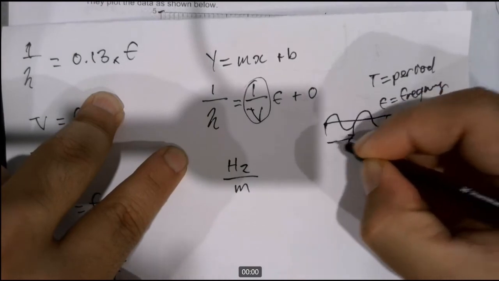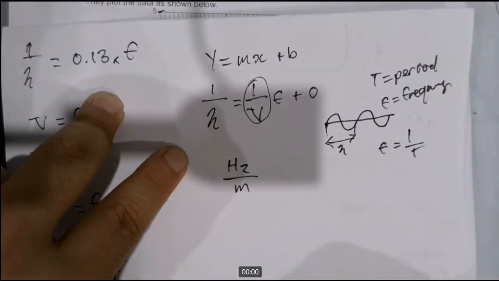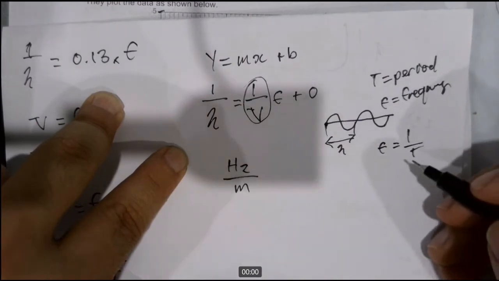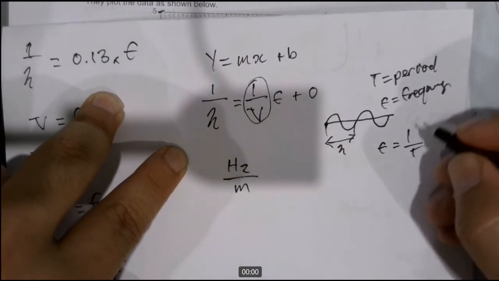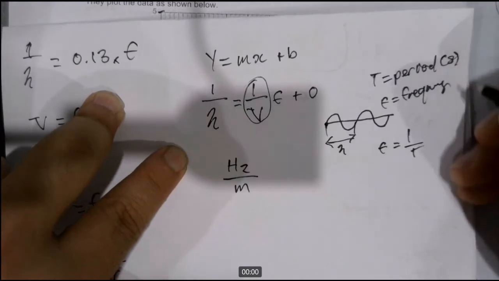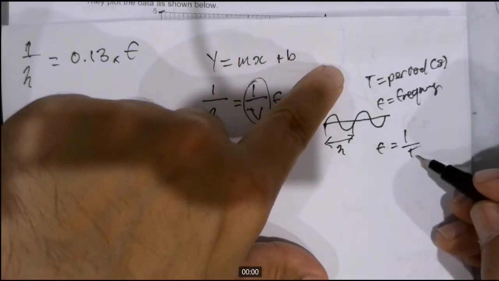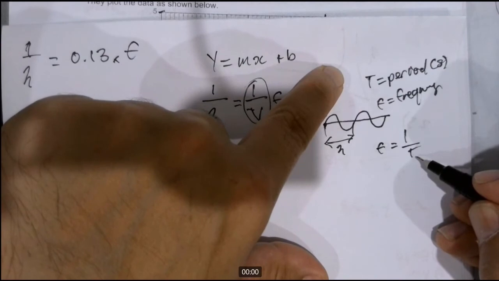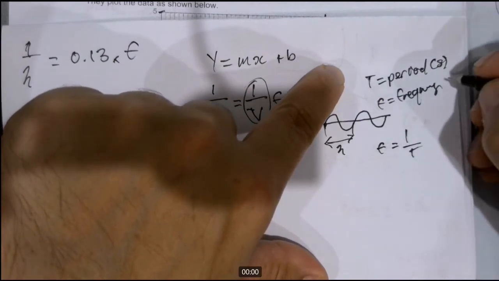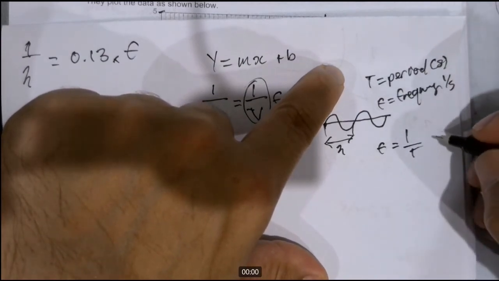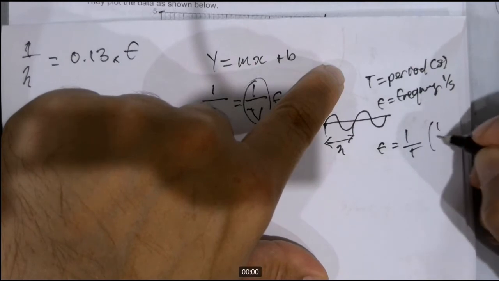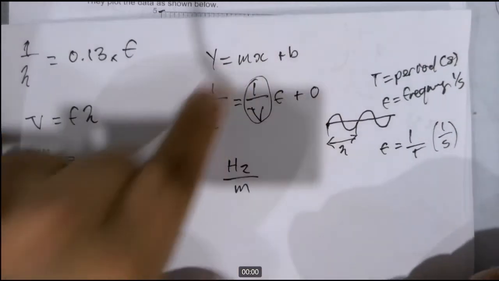One wavelength is the time that we call a period. So if period is measured in seconds and frequency is equal to 1 over the time measured in seconds, then that's going to be 1 over seconds, right? So frequency has a unit of inverse seconds.